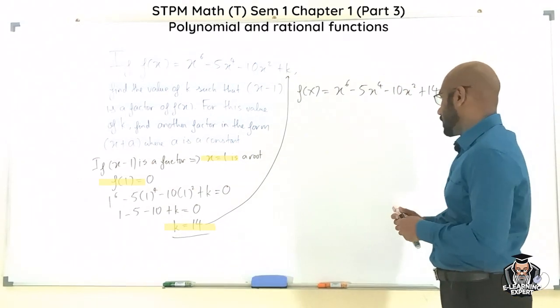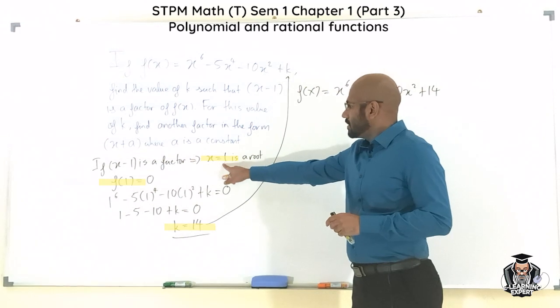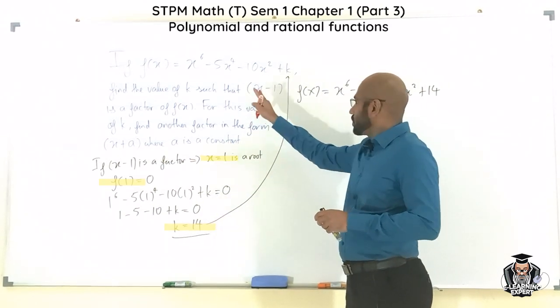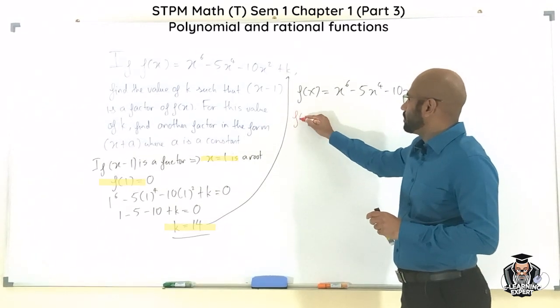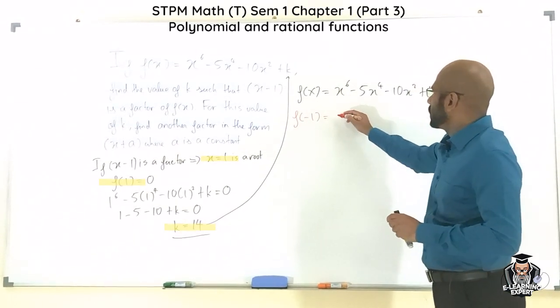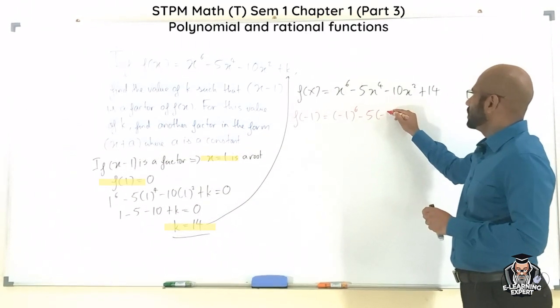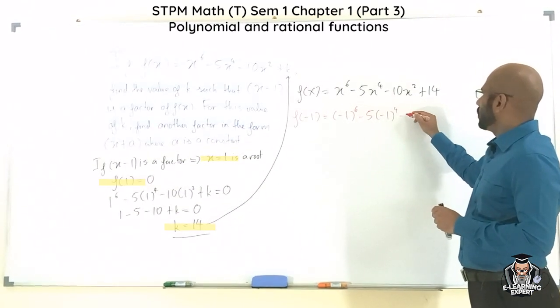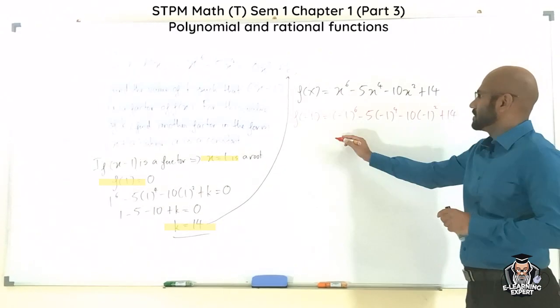But let's check out what I told you guys and girls. Is it true? 1 gives me 0 because that's already mentioned to be a root. Let's put in negative 1 and see what happens. F of minus 1 is minus 1 to the power of 6 minus 5 times minus 1 to the power of 4 minus 10 times minus 1 squared plus 14.